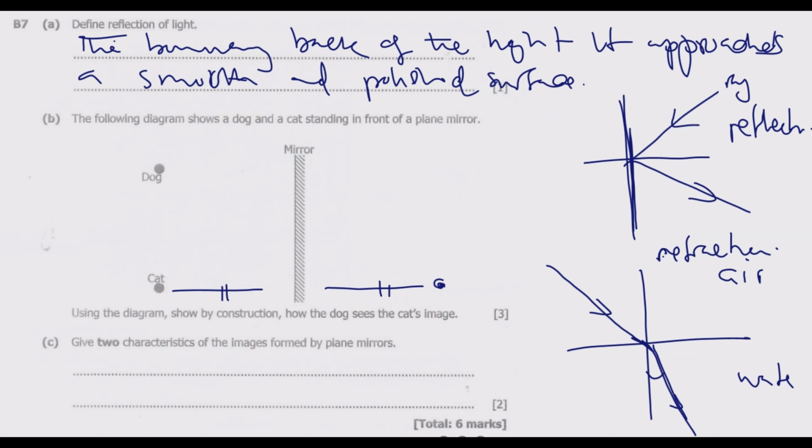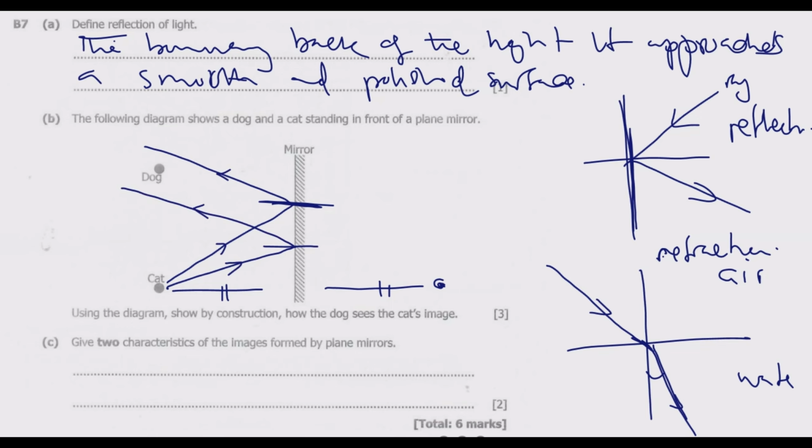So we draw like this, a ray hits the mirror at this boundary, this is the normal, then it bounces back like this. Then we have another ray hitting the mirror at this normal, then bouncing back.